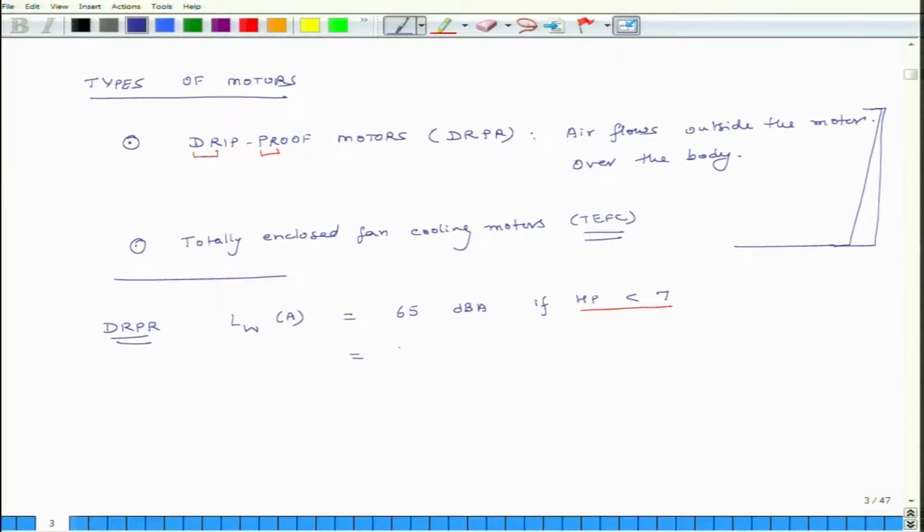If it exceeds 7, then you can estimate the noise through this relation, 20 log of the horsepower of motor plus 15 log to base 10 of NR, okay, minus 3 if HP exceeds 7. And what is NR?